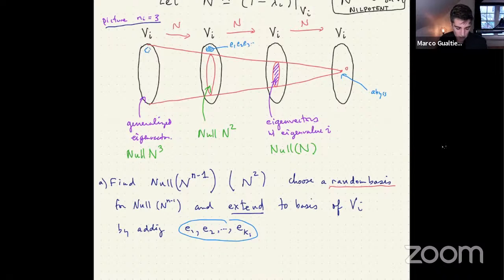Because this is the same space. The VI is just repeated here. So maybe I'll put the label here. Okay, so in other words, these ones, in order for them to die, I need 3 steps. 2 steps is not enough.